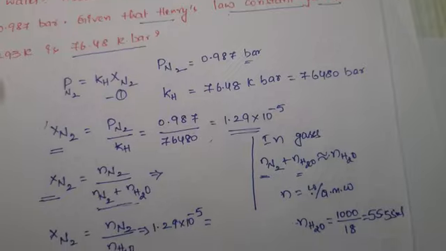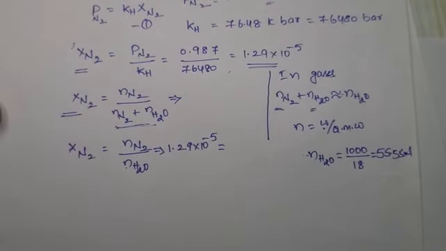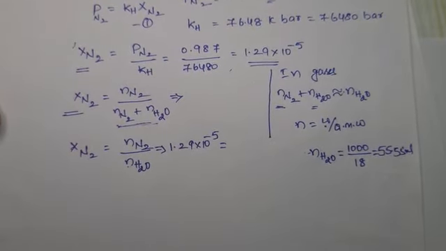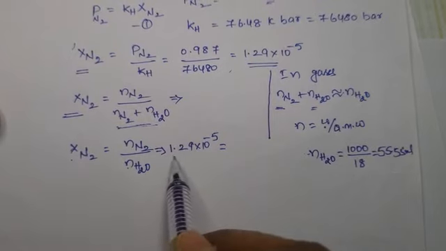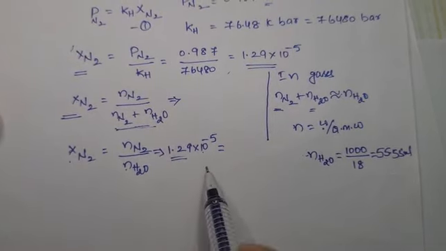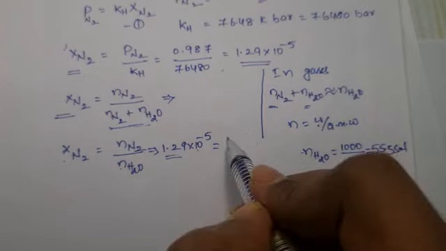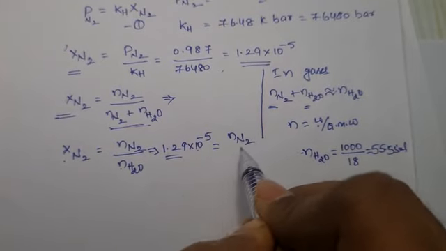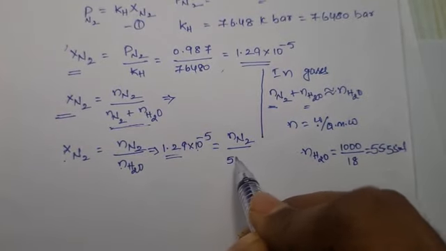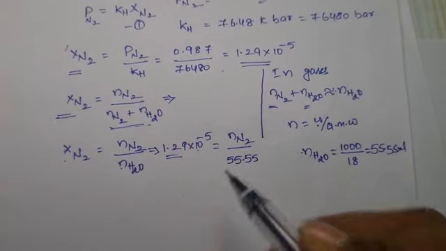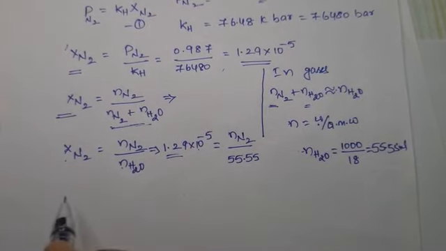So zeta N2 value is 1.29 into 10 to the power minus 5, equal to number of moles of N2 by 55.55 moles.